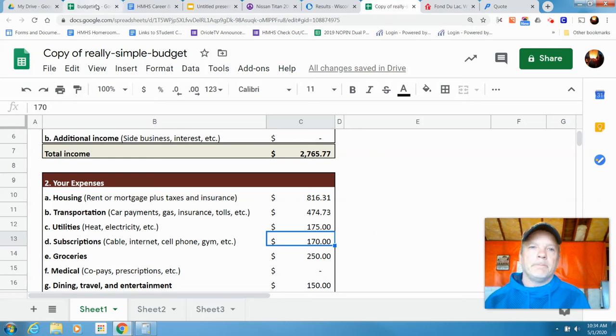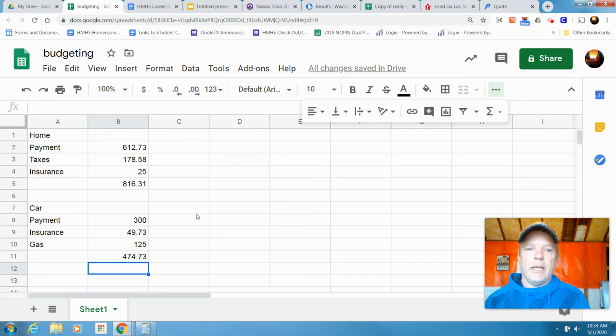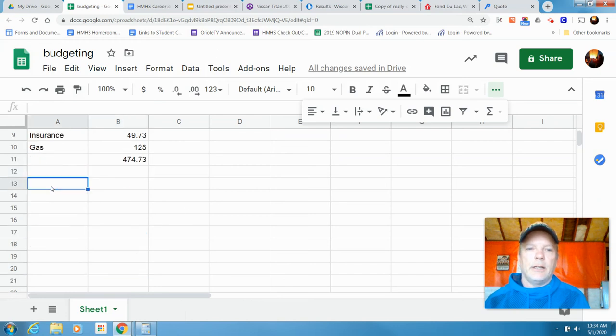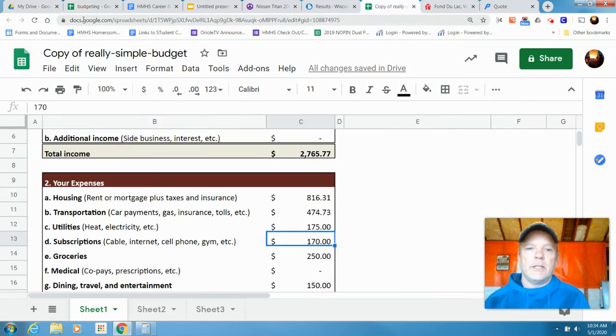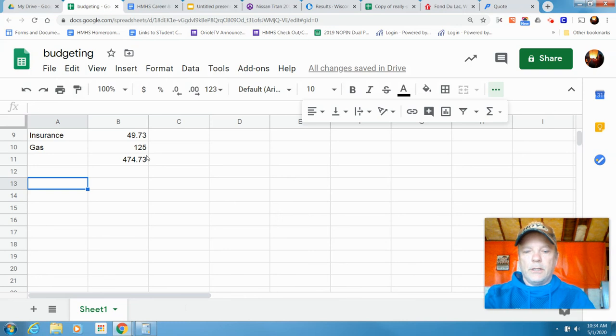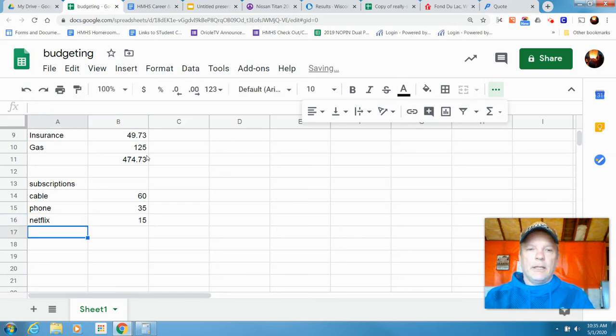So again, if you want to put it in a spreadsheet like I did before, so this is the subscriptions. So I just want to remember what I'm doing. And then, so my cable is about 60. Phone is about 35. Netflix is like 15.